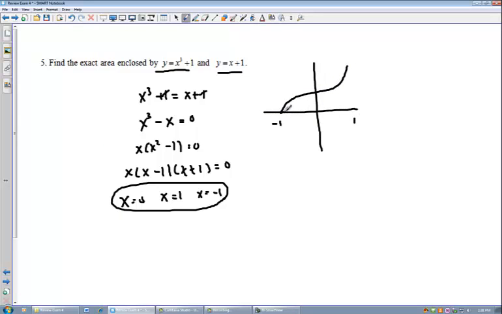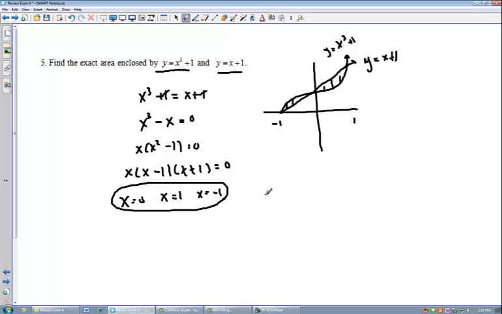And then here's this line. So you get two graphs. On top here you have x cubed plus 1, that's y equals. And this one right here is y equals x plus 1. And you want to find this area.